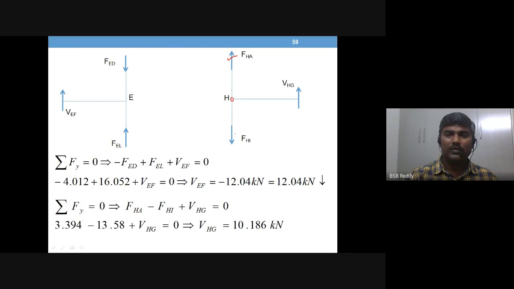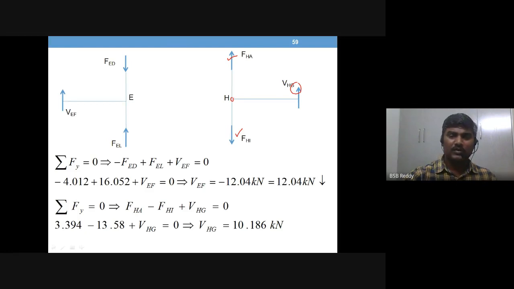Okay, this is up, this is downward. This you assume the direction, the value also. So VHG, right? This one, the rightmost joint H.